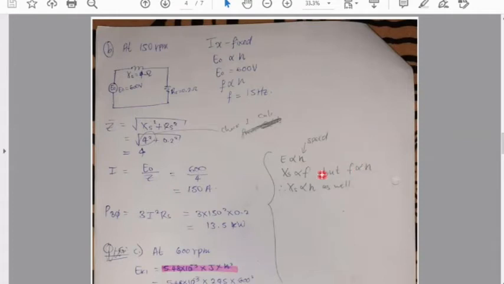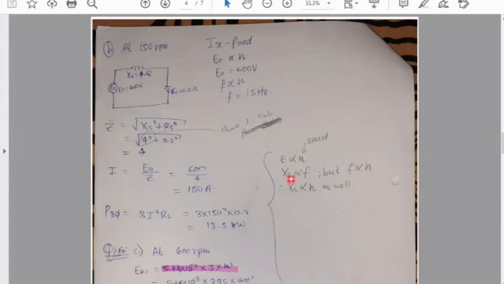So if you are changing your speed, what is it going to affect? It is going to affect your frequency, which in turn is going to affect your synchronous reactance. Are we using synchronous reactance in this solution? Yes, we are. So do you see what is changing? I'm going to repeat myself once again.